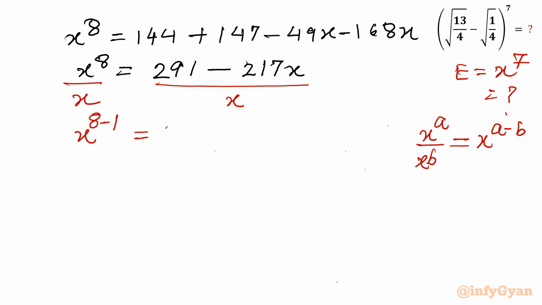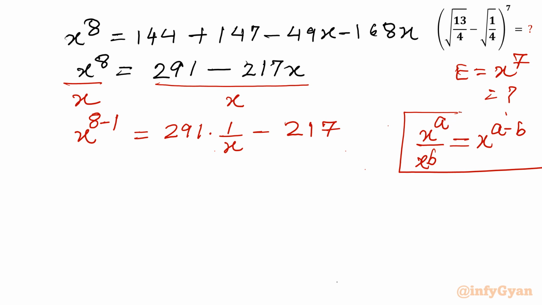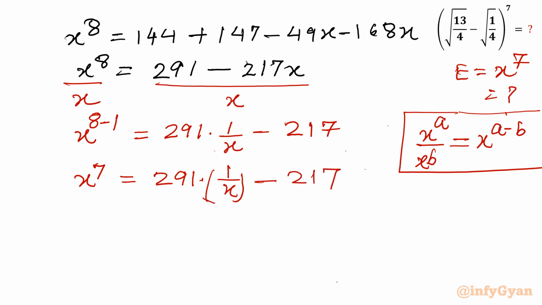On the right hand side I will be writing 291 times 1 over x minus 217. Now the left hand side is x power 7, the right hand side is 291 times 1 over x minus 217.